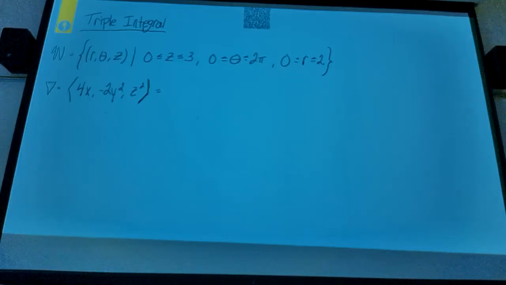Divergence. 4 pi. May I find divergence? I'm not there yet. We need the divergence of that vector field first before we can set up the triple integral.